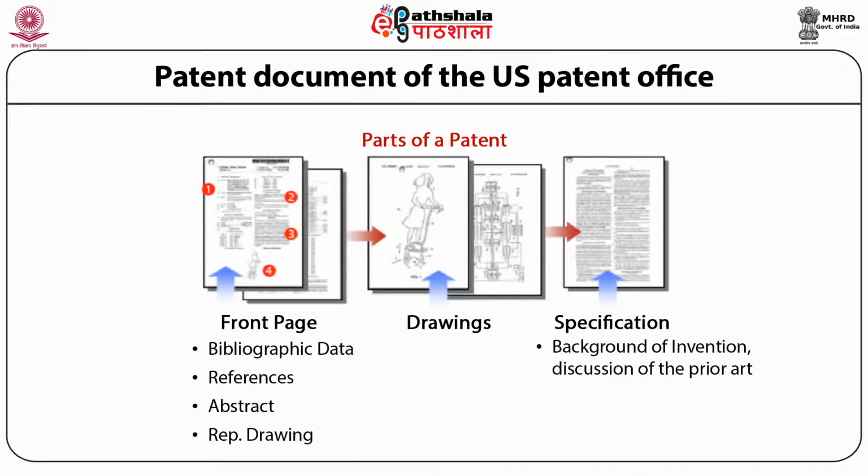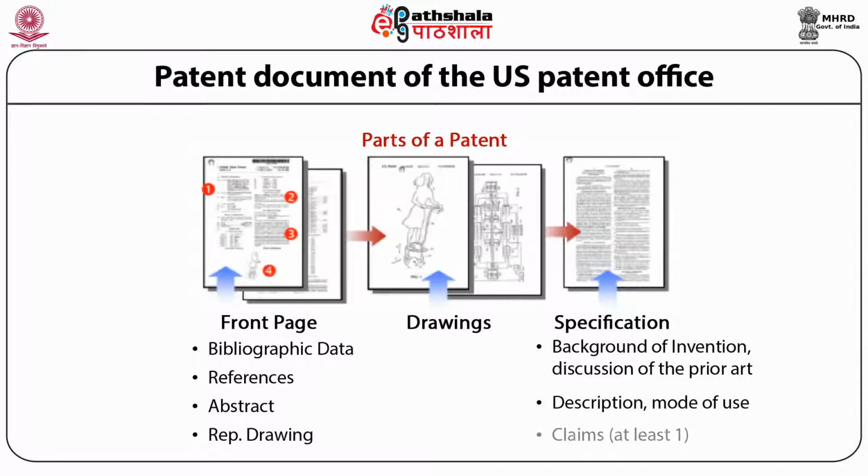Prior art means the references, and how these references have been used by the applicant to demonstrate that his invention is new and an inventive process, and it describes the mode of use.